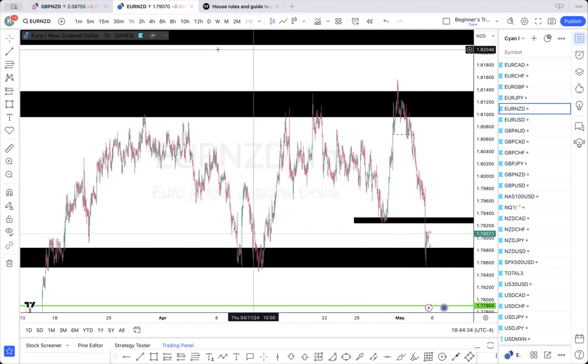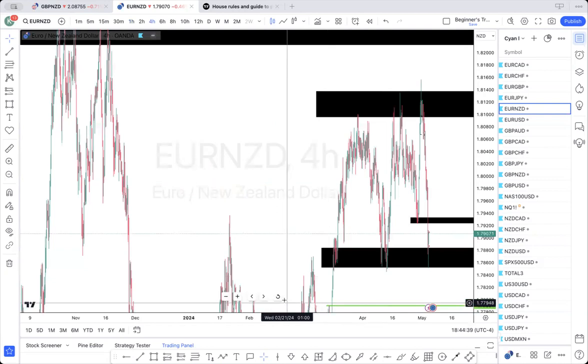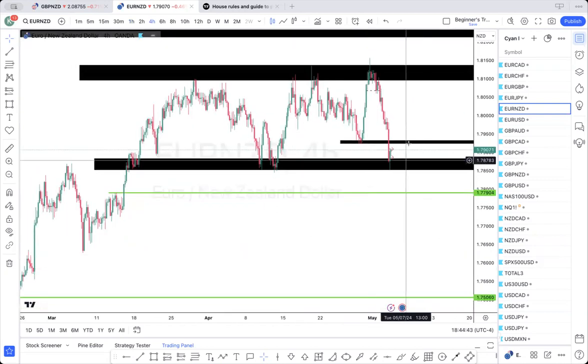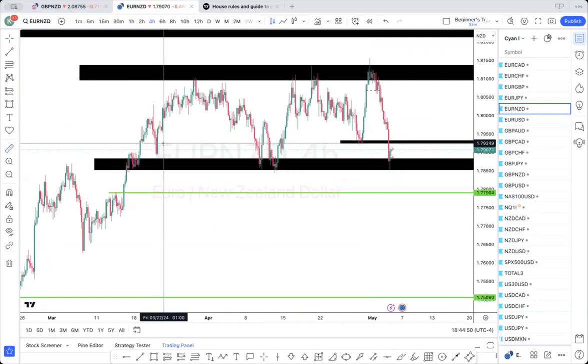Gotcha. Okay. And then if I go back to the 4-hour, if it comes here and then you start seeing breaks of structure, I don't know how many pips from this zone to this zone. It's 43 pips. I'm a fan of 100 pips or more. If I'm going to call out an entry, it's going to be 100 pips or more.